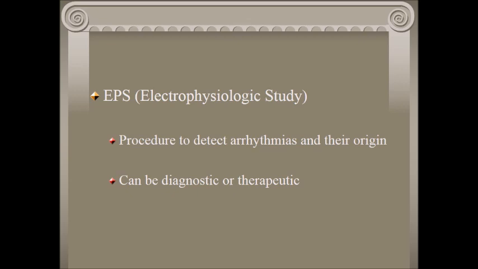So once a site is established, they can use ablation to treat rapid heartbeats that begin in the atria. So things such as supraventricular tachycardias like atrial fib, atrial flutter, or other atrial tachycardias. And finally, they can be used to evaluate the effectiveness of treatment.